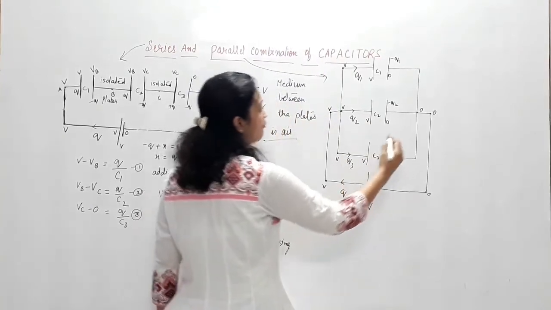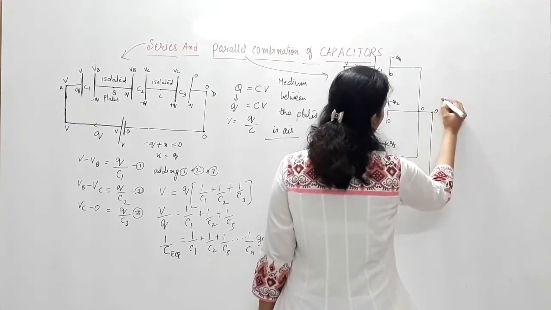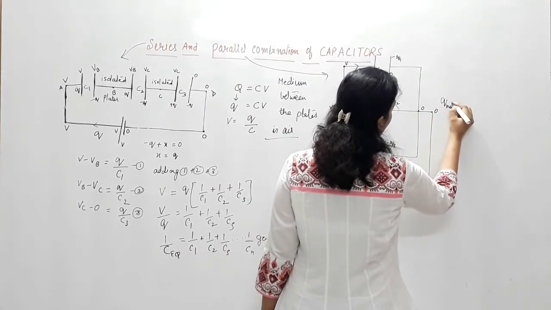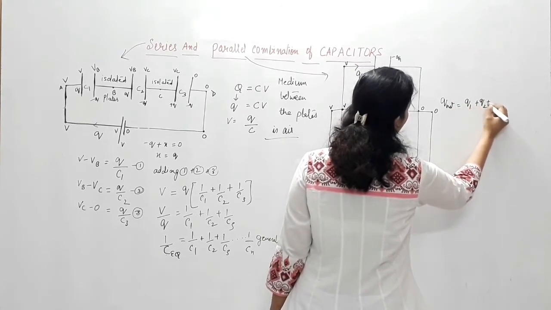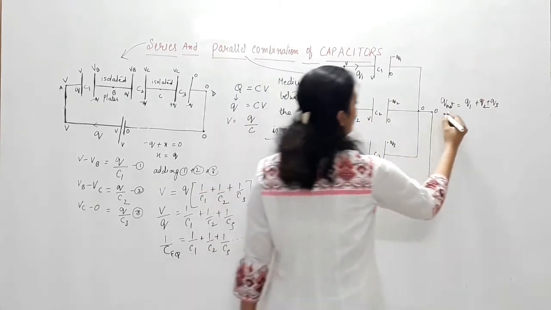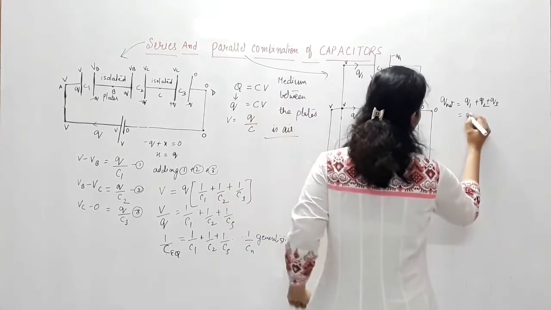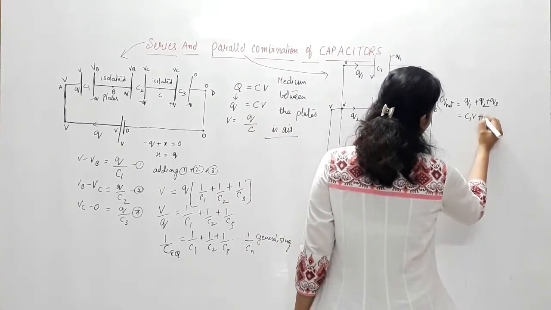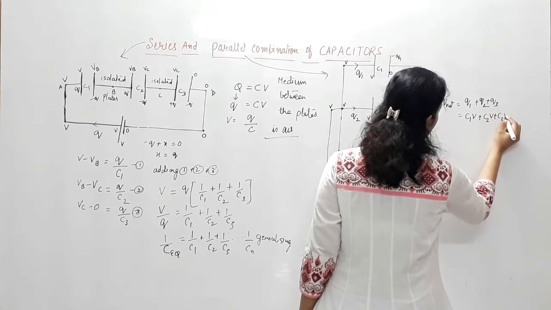Hence the net charge Q net is equal to Q1 plus Q2 plus Q3. Now Q1 can be written as C1 into V, here it is C2 into V, this is C3 into V.